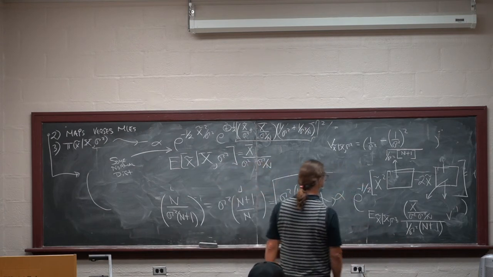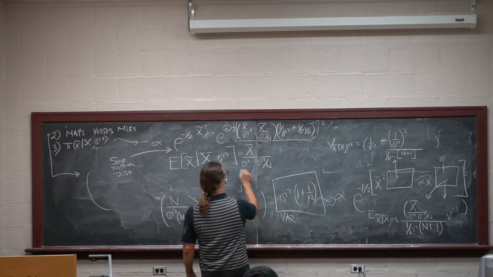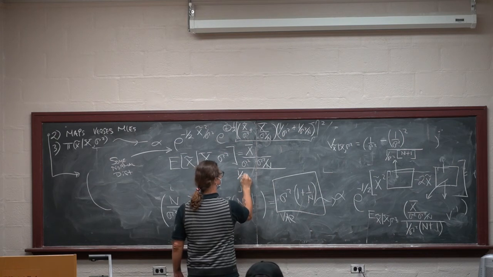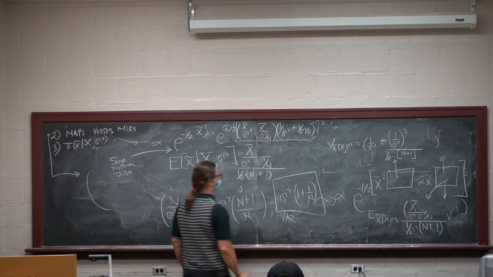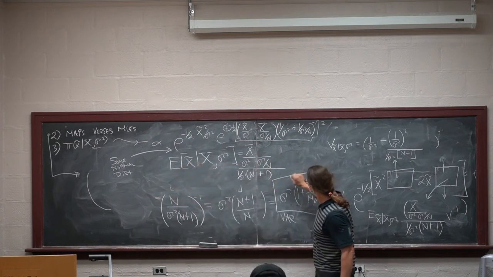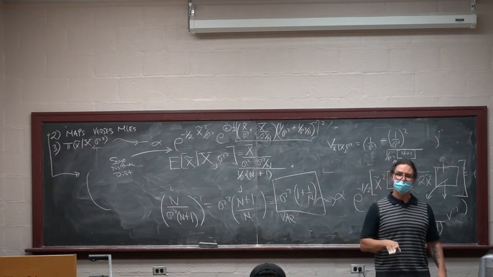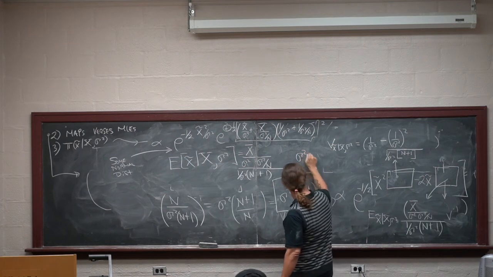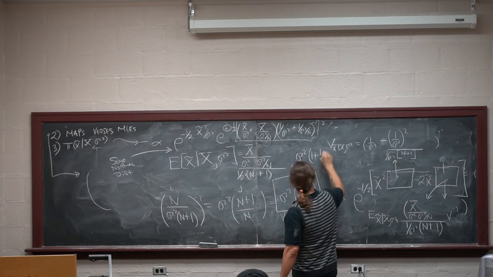This is going to be one over sigma squared, n plus 1. And then I've got this thing right here times whatever my variance was at the end of the day. Multiply that minus 2 linear term times that. Sigma squared 1 plus 1 over n.